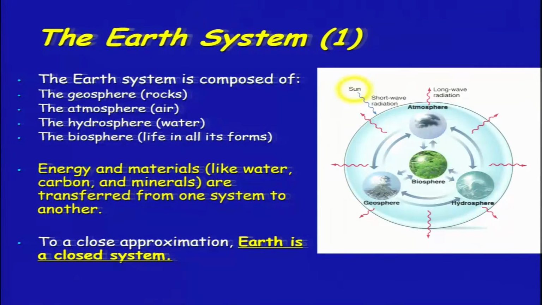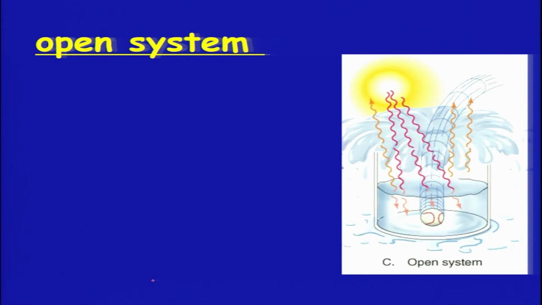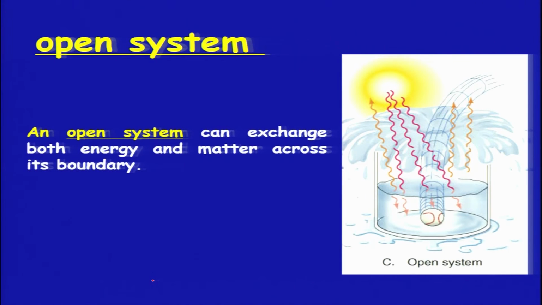Within the Earth system, the atmosphere, biosphere, geosphere and hydrosphere are open systems. An open system can exchange both energy and matter across its boundary. So at the time of the meteoritic impact, it becomes a partially open system.